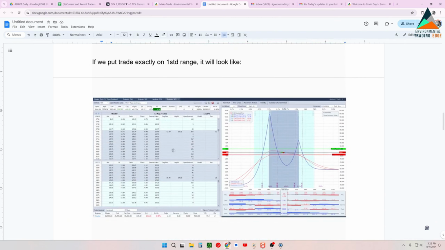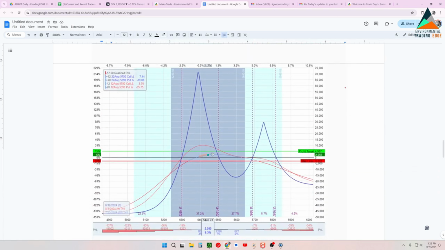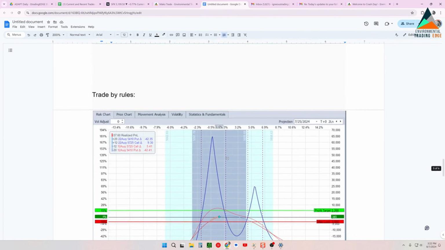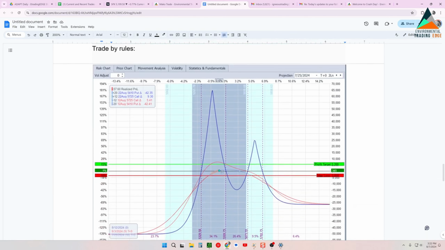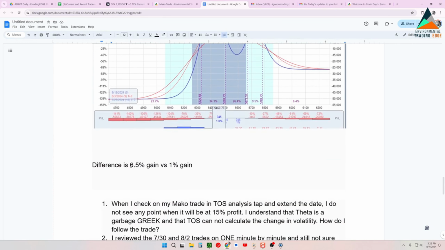What this member did was grab the standard deviation, looked like just slightly inside on this one, and the trade result was different, right? My trade was up quite a bit of money by the end of this, and the other trade was only up a slight amount. By the time this trade closed, I believe it was a slightly different result, but there is a difference on this. You're going to be able to do that on every trade I do.